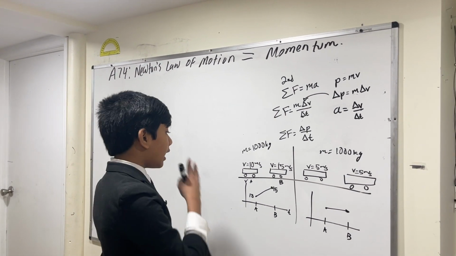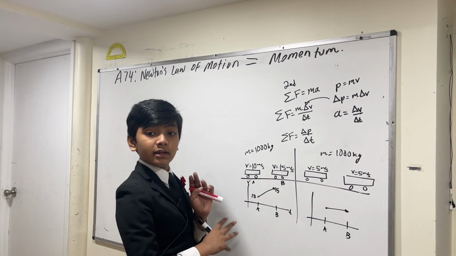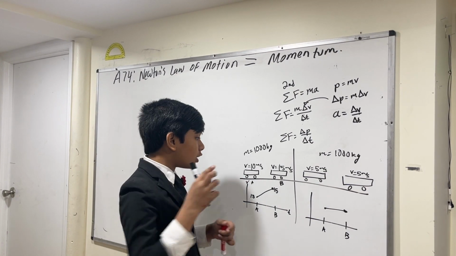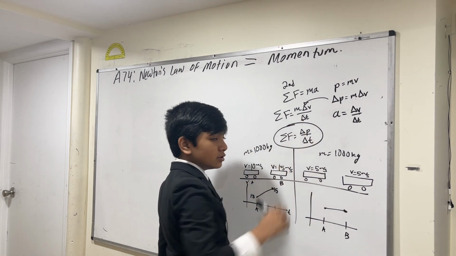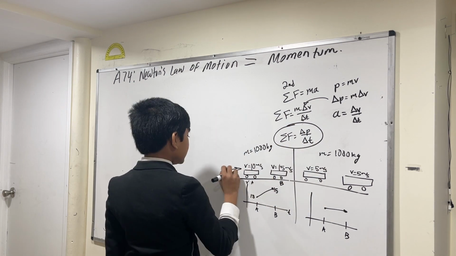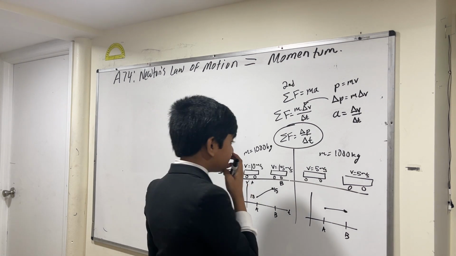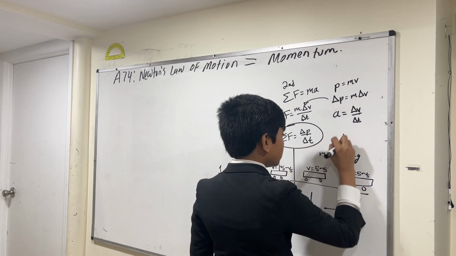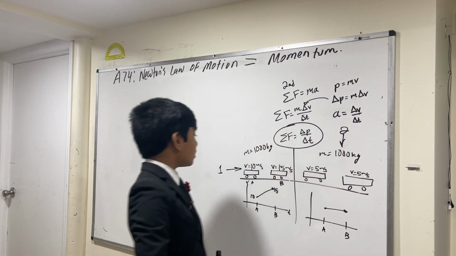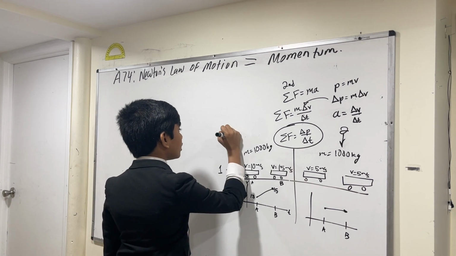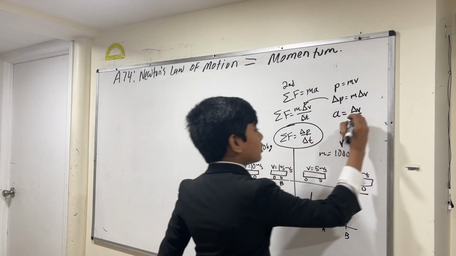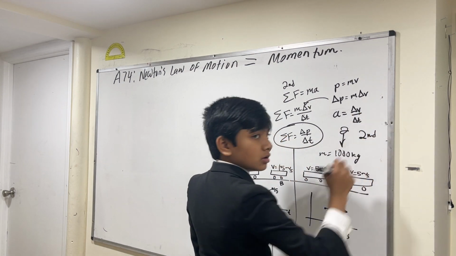So I want to ask you, which one here is an example of Newton's first law and which is an example of Newton's second law? And keep in mind that this is scenario uno, this is scenario dos. So which one is an example of Newton's first law and which one is an example of Newton's second law?